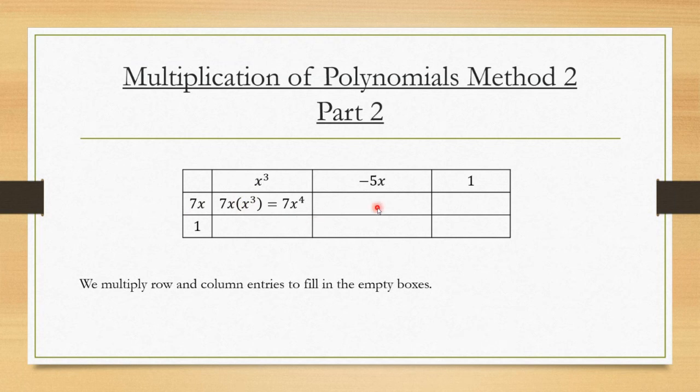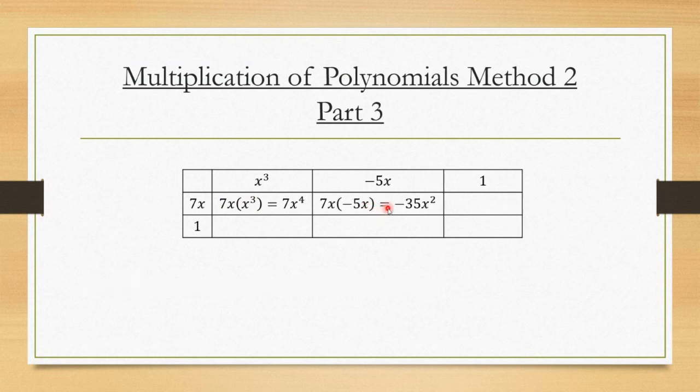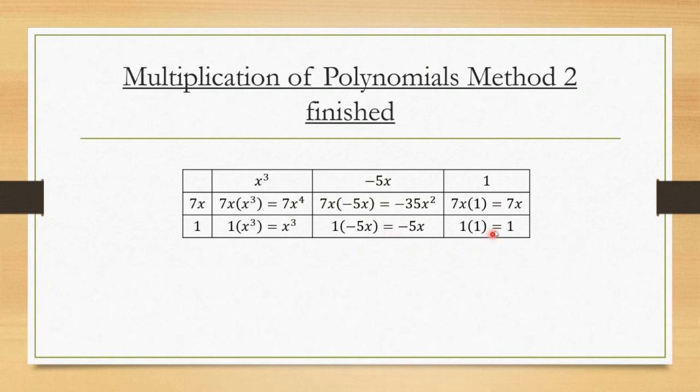Over here, 7x times minus 5x we get this product minus 35x squared. Here we have 7x times 1. And of course, that's just 7x. Down here, we have 1 times x cubed. Well, that's just x cubed. You know, 1 times anything is itself. For this one, we have 1 times minus 5x, which is minus 5x, of course. Finally, 1 times 1 is 1.